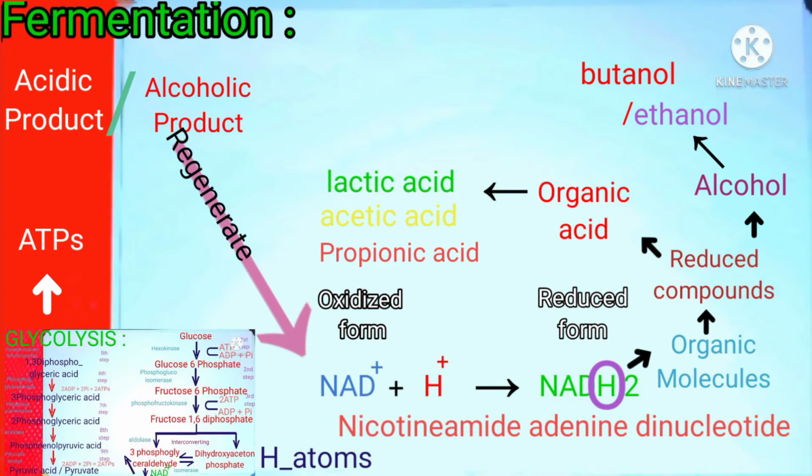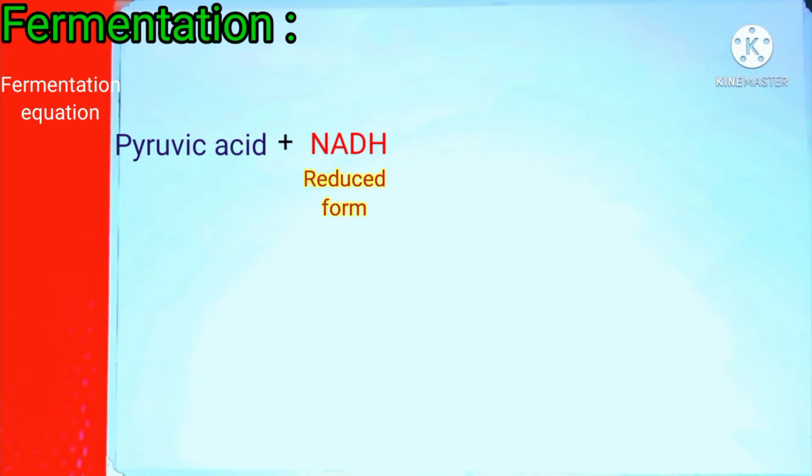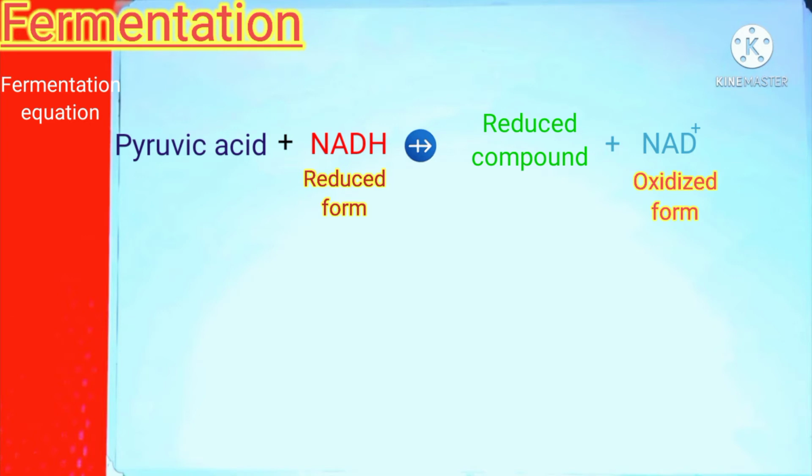We can also understand this fermentation definition with the help of an equation, which will help us understand the main idea of fermentation. It is as follows: when pyruvic acid, which is the end product of glycolysis, reacts with NADH, which is also obtained from glycolysis, when both pyruvic acid and the reduced form NADH react chemically with each other, they produce a reduced compound and NAD, which is an oxidized form.